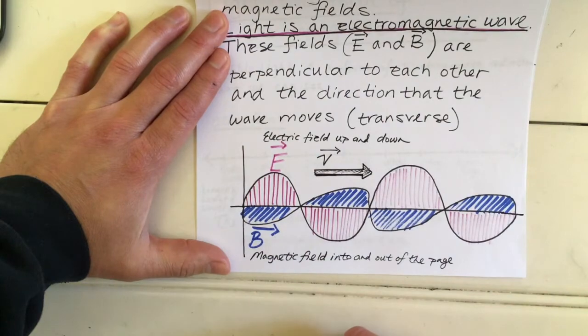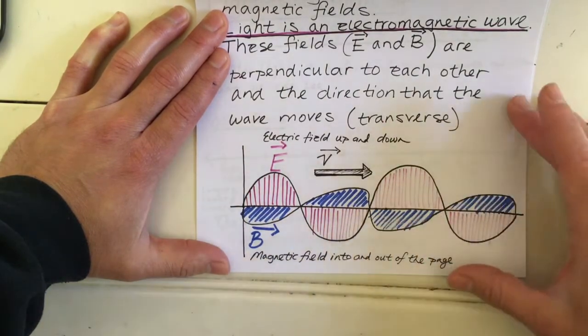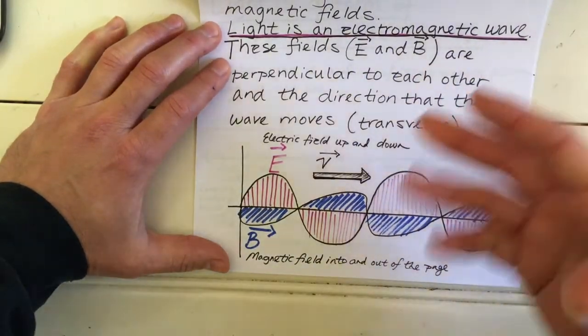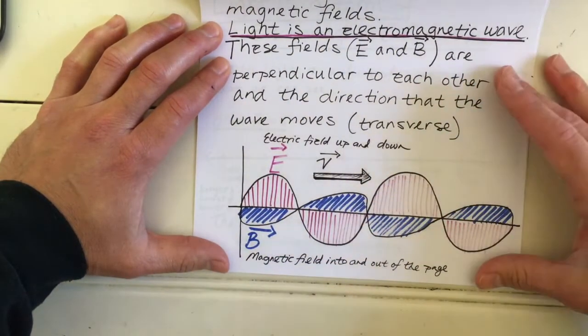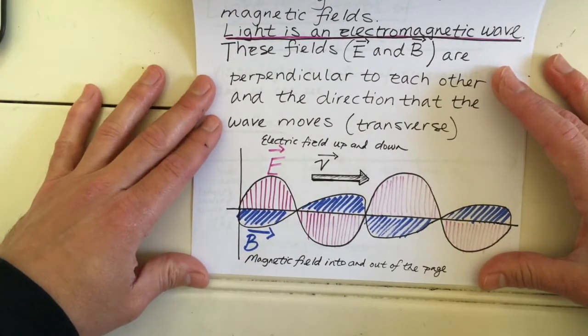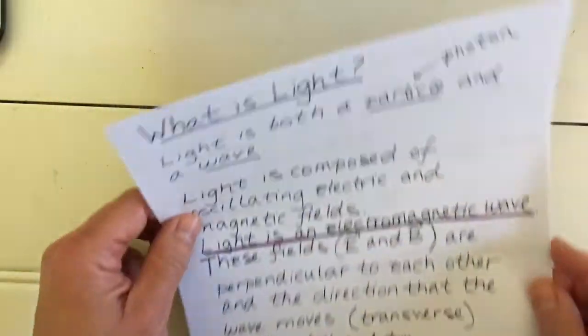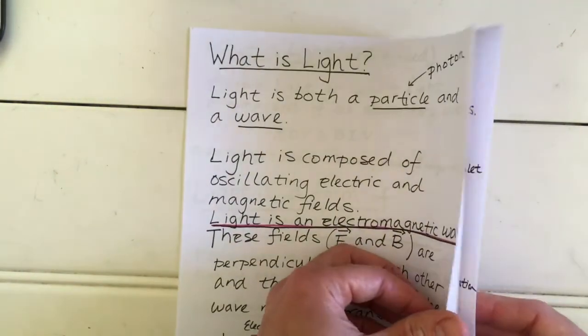So we can call this a transverse wave. And so what we're going to think of then is light as an electromagnetic wave. We're also going to consider it a type of electromagnetic radiation. So let's go ahead and get a definition for that.